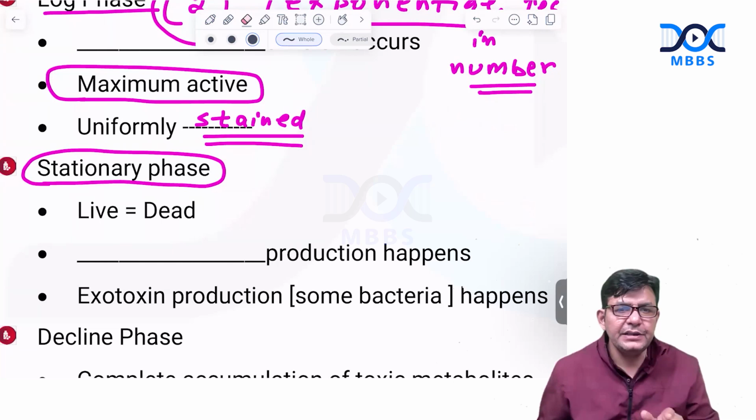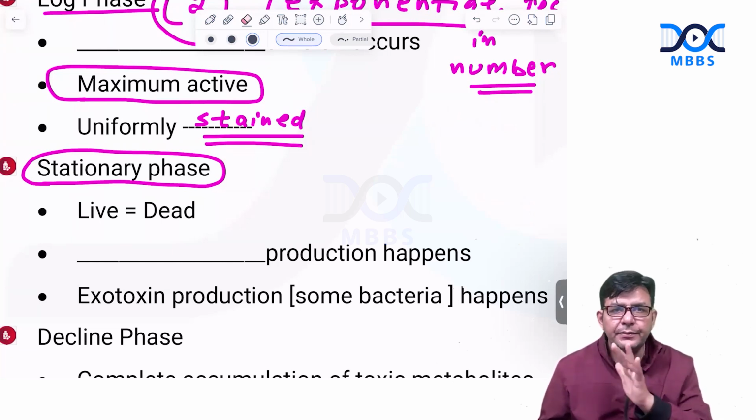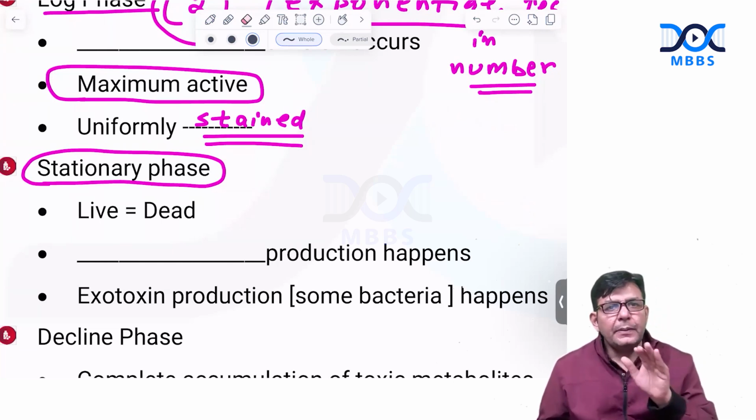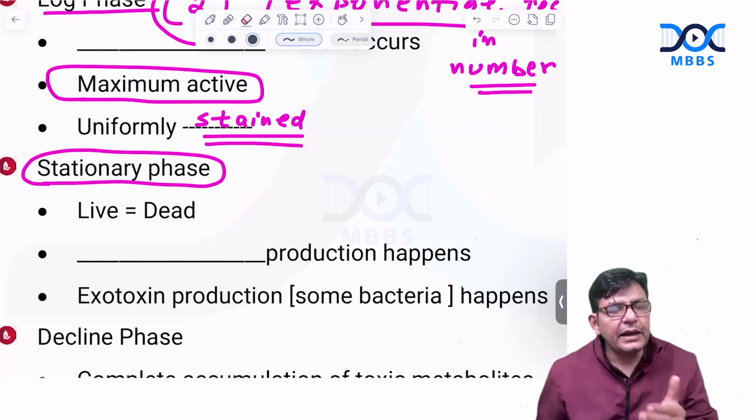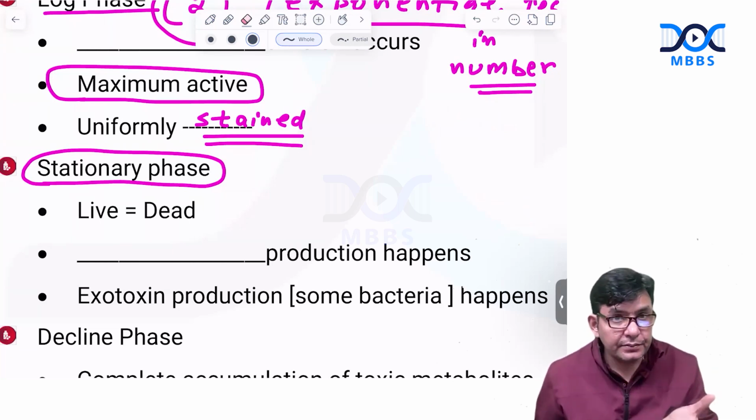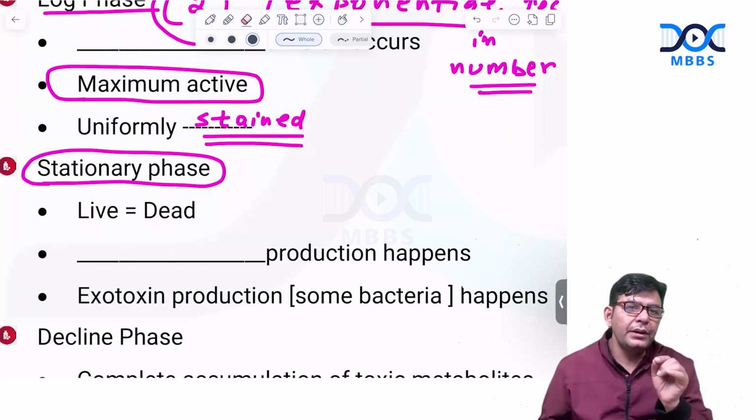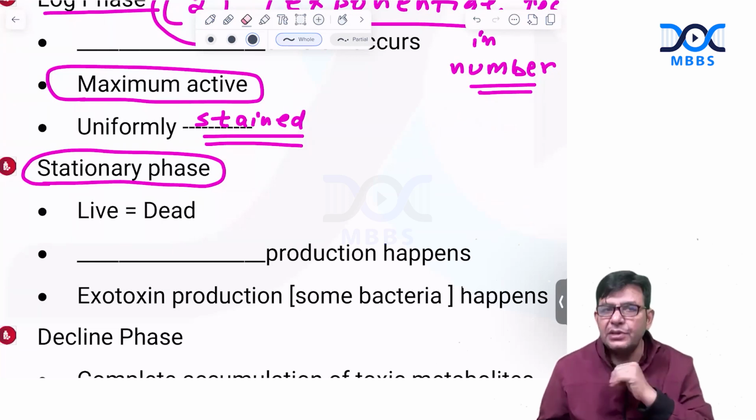In the stationary phase, live is equal to dead. Means the bacteria which are dying off and the bacteria which are coming out are equal, so the viable count as such remains constant.